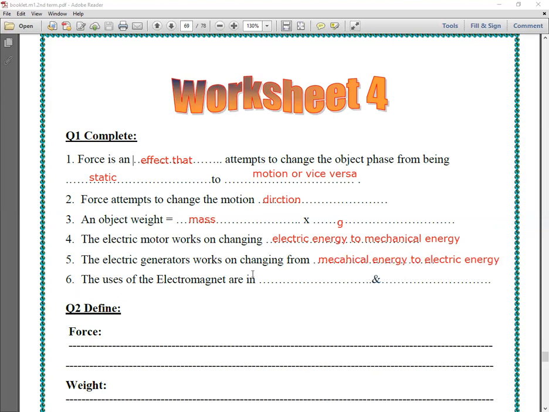Number 6, the uses of the electromagnet. The electromagnet is used in what?